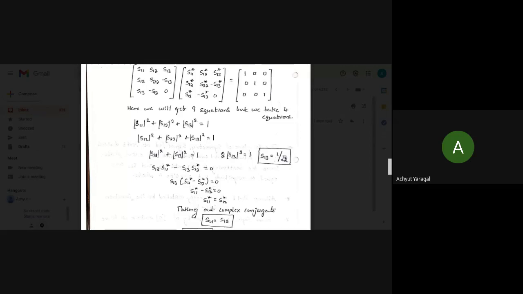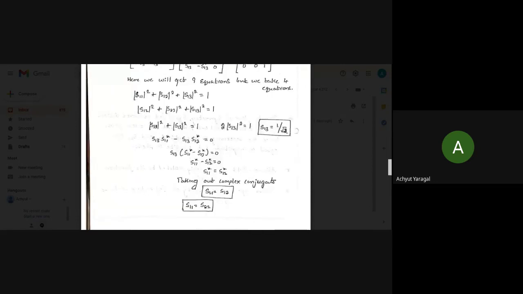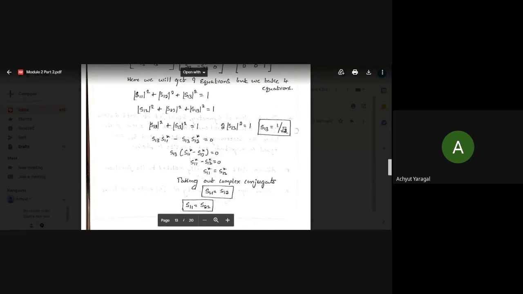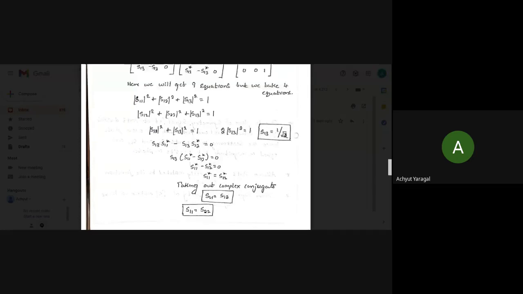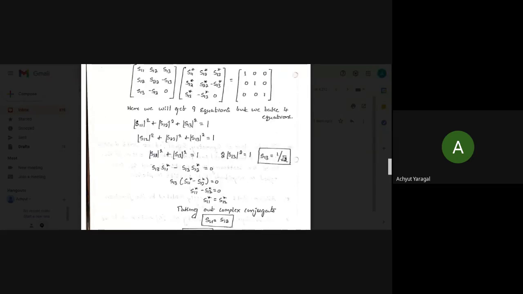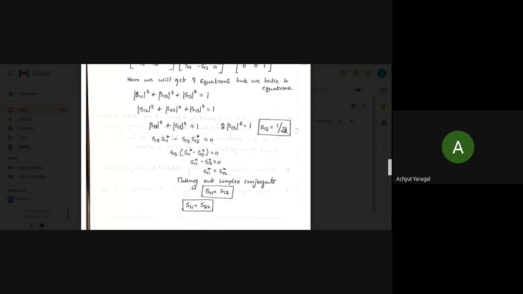You can see here, using the third equation, that is S13 square plus S13 square is equal to 1. We can write it as 2 of S13 square is equal to 1. So S13 can be written as 1 divided by root 2 here. Again in the fourth equation, S13 can be taken as common, and S11 is equal to S12 you will have.